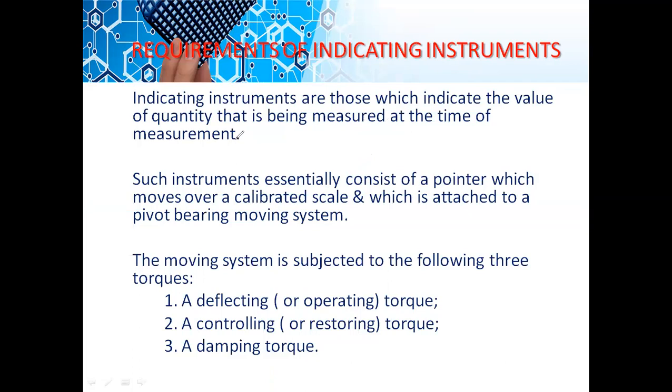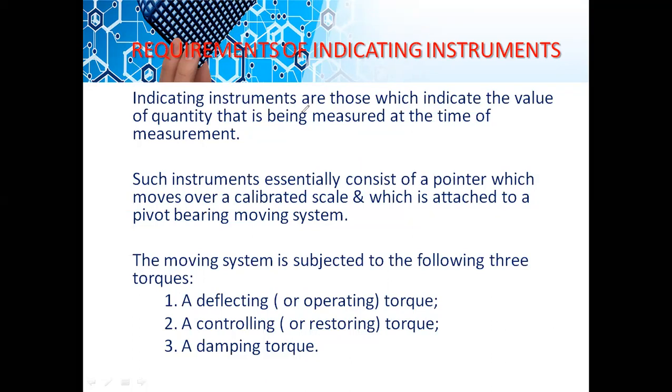This clearly says that the indicating instrument will indicate or show the value of the quantity being measured only at the time of measurement. That means when the signal is removed, it is not going to show the correct value. It is going to show either 0 or something like that.